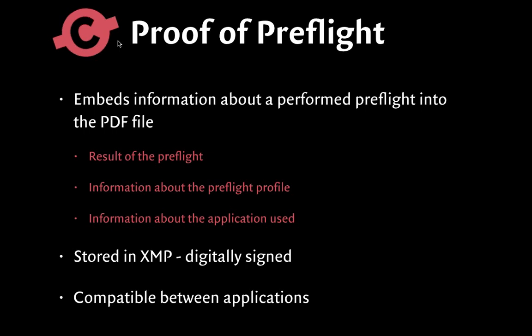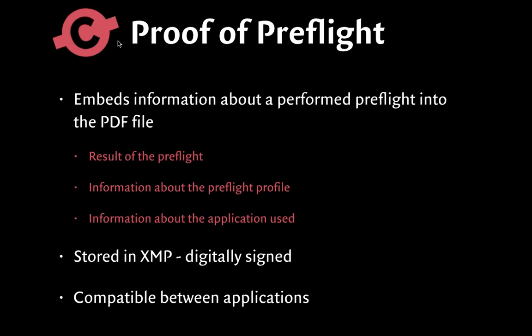And on top of that, the PDF file becomes digitally signed once you insert the Proof of Preflight information as well. And that also is important because it means that I can preflight a PDF file and then prohibit that someone changes it afterwards without me knowing.